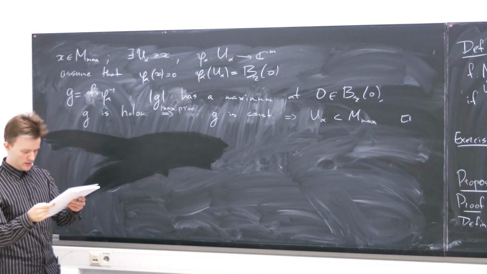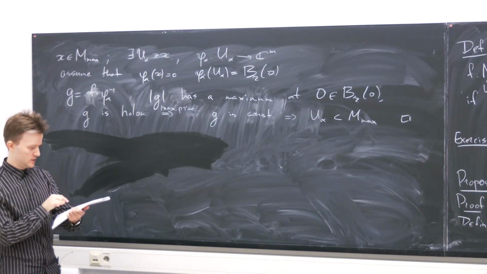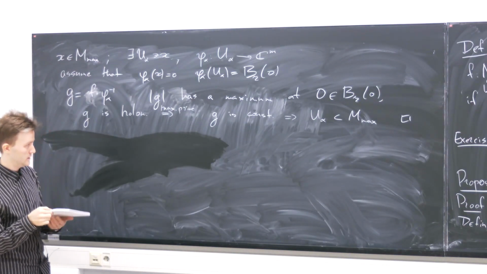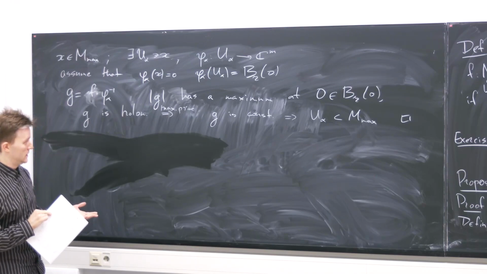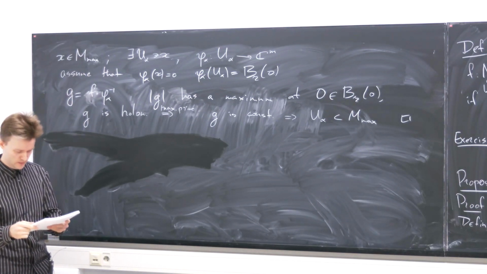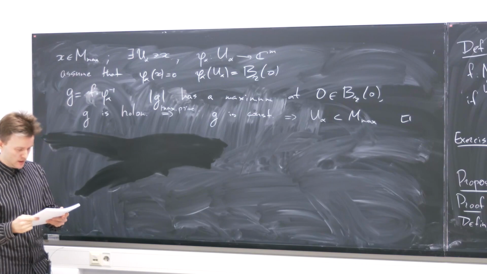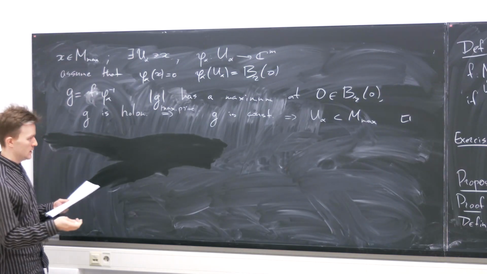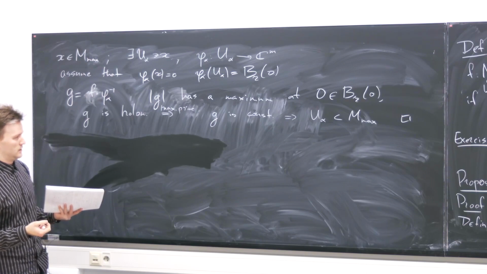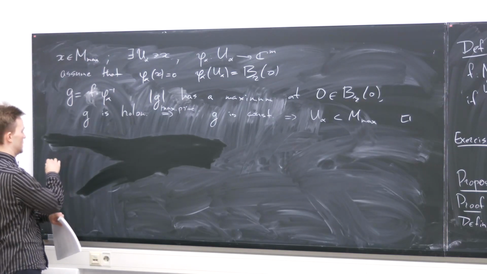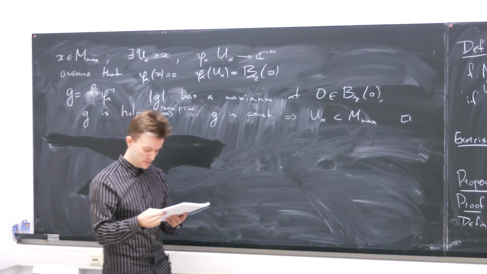And now let's just talk about some examples. Well, basically we will study Kähler manifolds, and so we would like to have some examples. Basically, let's discuss how we can construct complex manifolds.